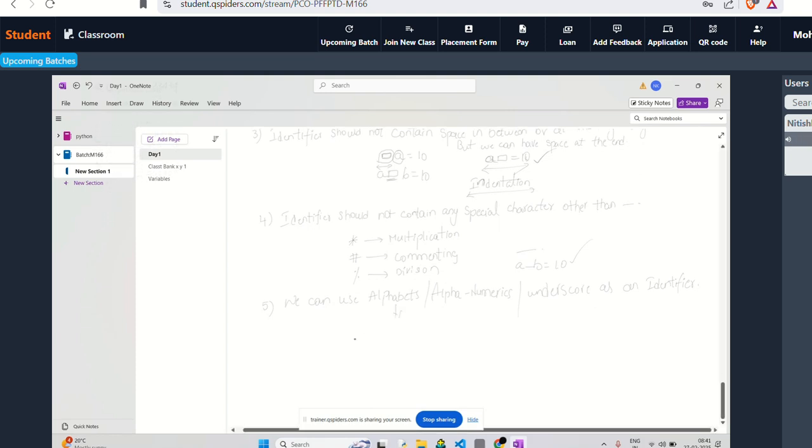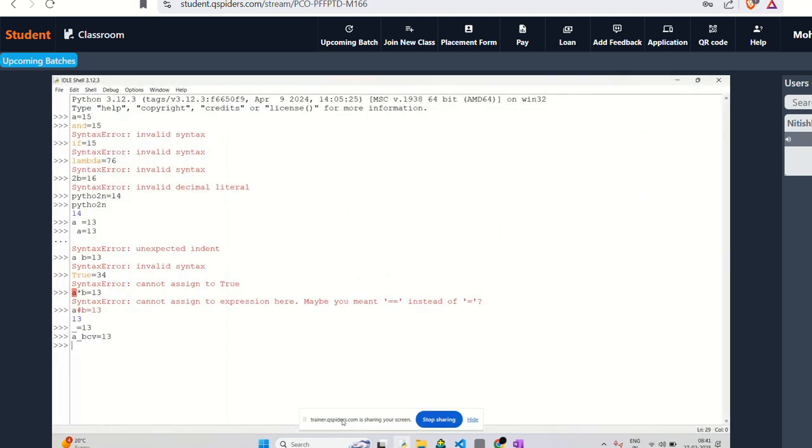Alphabets in the sense both uppercase and lowercase. And one more thing is, if you use uppercase while creating, while calling also you have to use uppercase, because Python is case sensitive. See, I created a variable with uppercase A, but I am calling it with lowercase a.